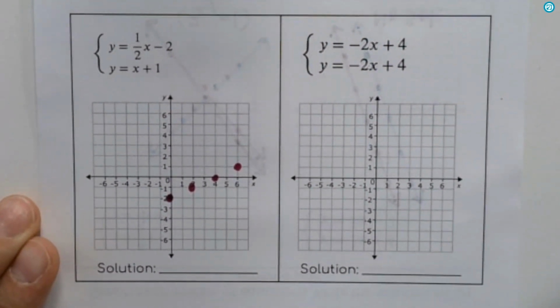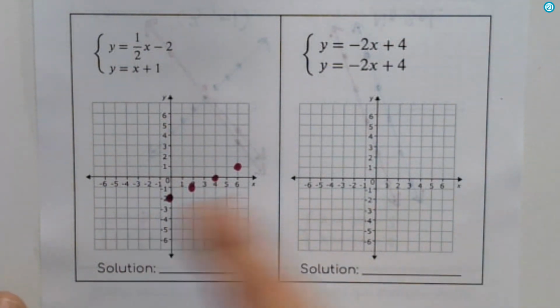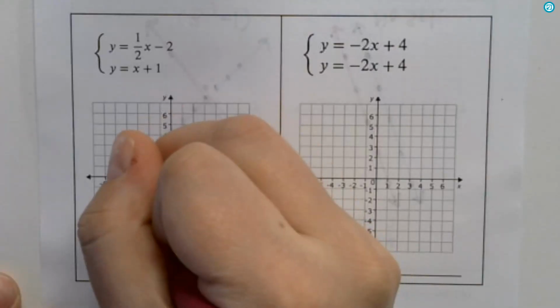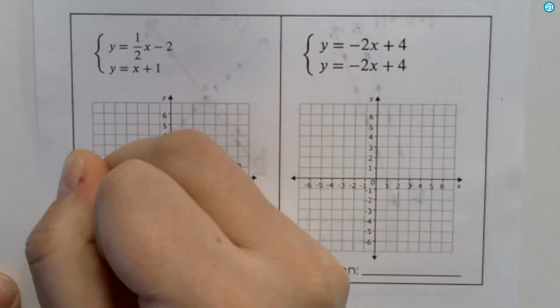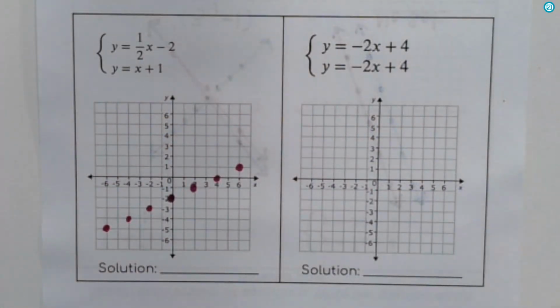With your first line, you always need to make it go all the way to the right and all the way to the left, because I have no idea where these are going to cross yet. So I'm going to go down 1, left 2, down 1, left 2, down 1, left 2, as far as I can.